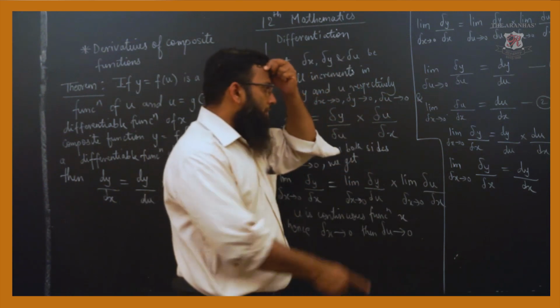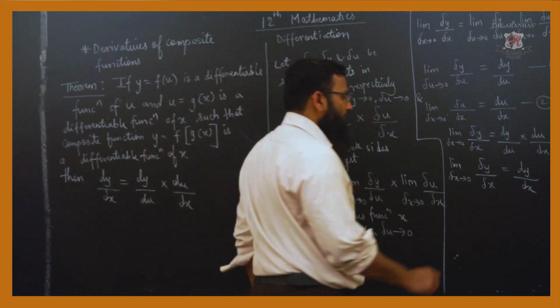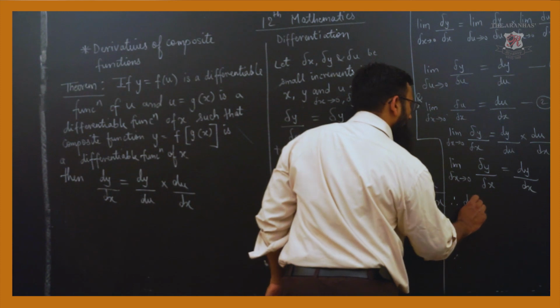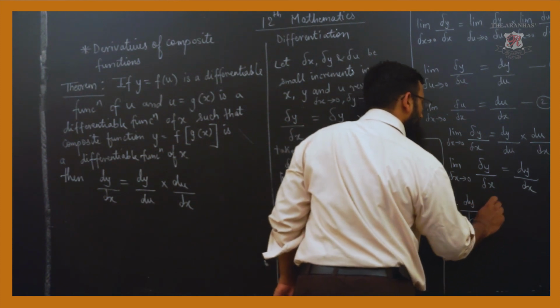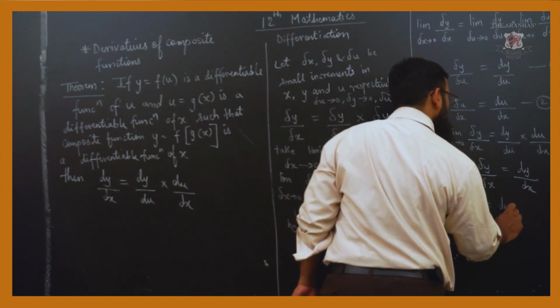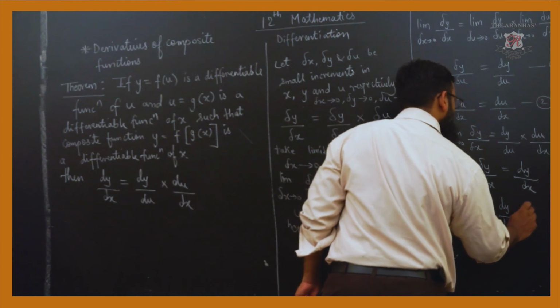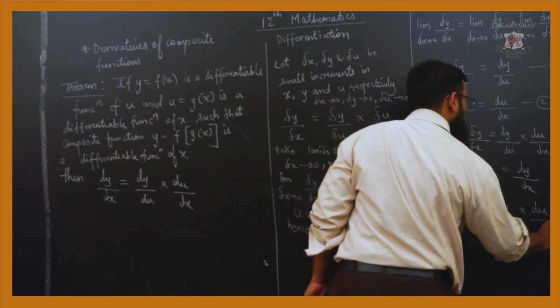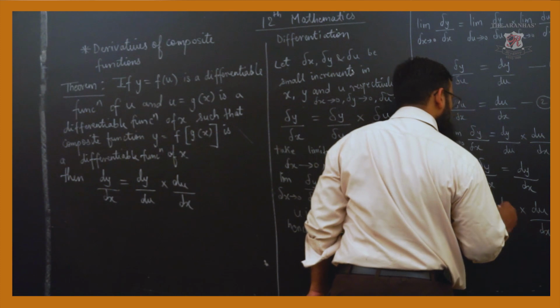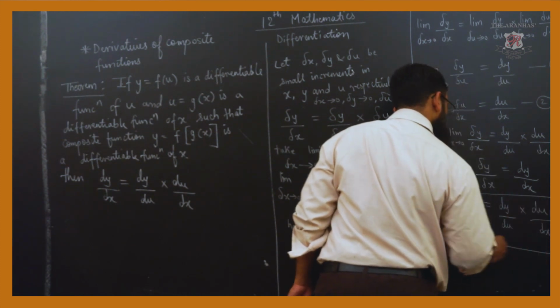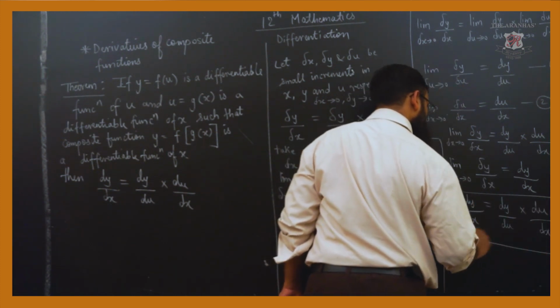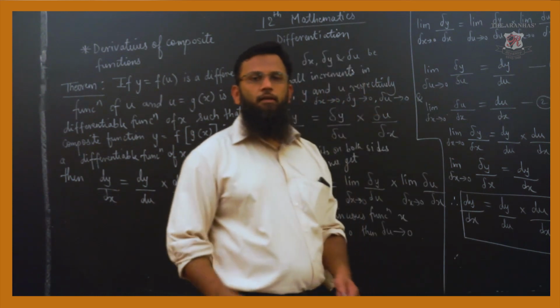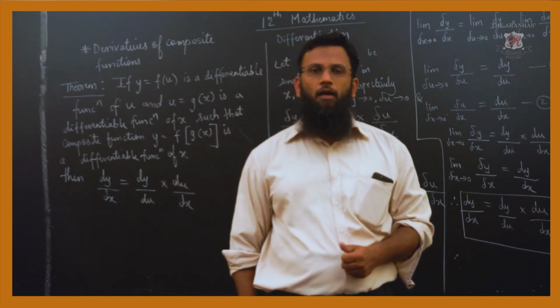So if I substitute this dy by dx over there, the final answer comes out to be dy by dx is equal to dy by du into du by dx. So this is the required answer.